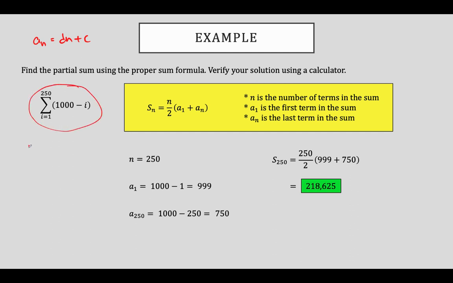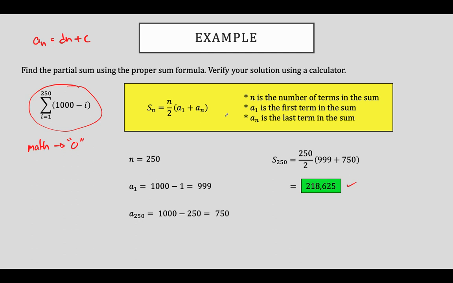Remember that your calculator can compute summation notation by hitting math and then selecting the number 0. That will bring up our sigma notation, and you can plug it in directly as you see here. Hit enter, and yes, it will spit out the exact same value. All right, so our sum formula, it doesn't lie.